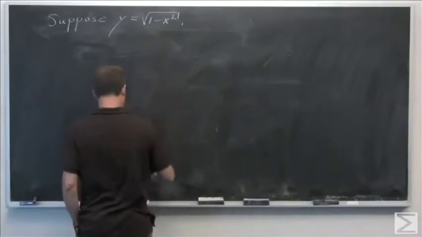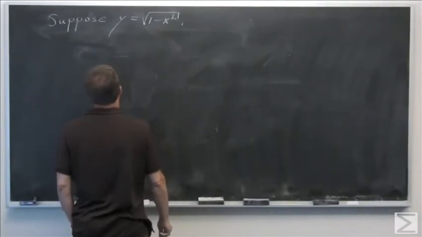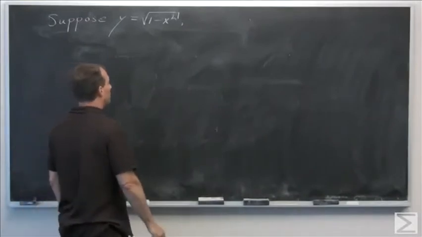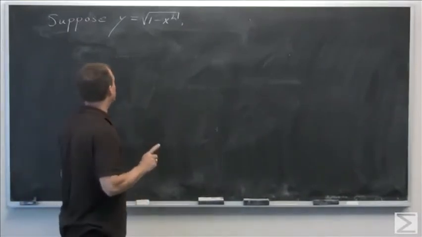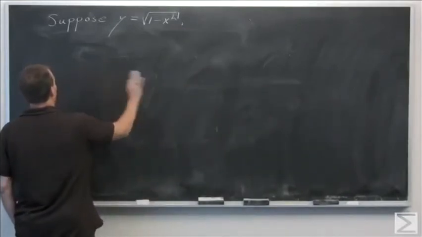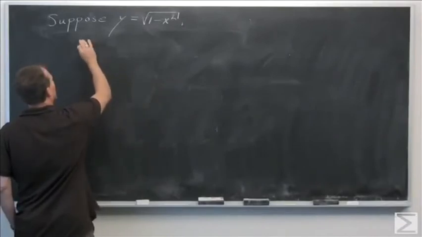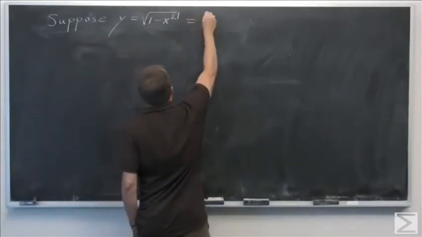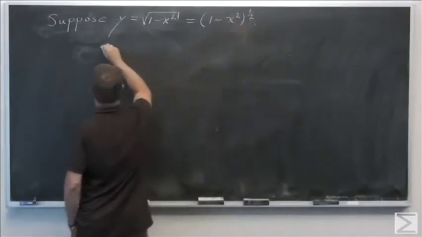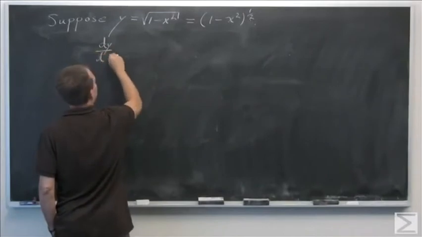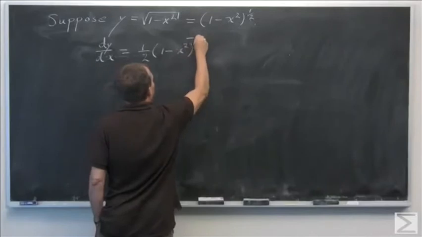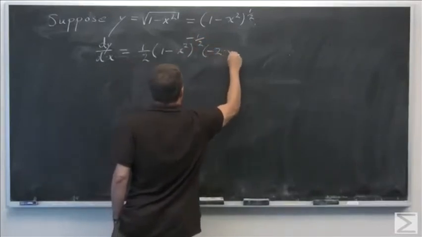Meanwhile, suppose y is the square root of 1 minus x squared, so that we're assuming y is greater than or equal to 0. In fact, we're going to want y unequal to 0, but we'll see that in a second. Anyway, we don't want those blue points that I just indicated, but if you had this, well, this is 1 minus x squared to the 1/2, and its derivative, dy dx, is 1/2 times 1 minus x squared to the minus 1/2 times minus 2x.